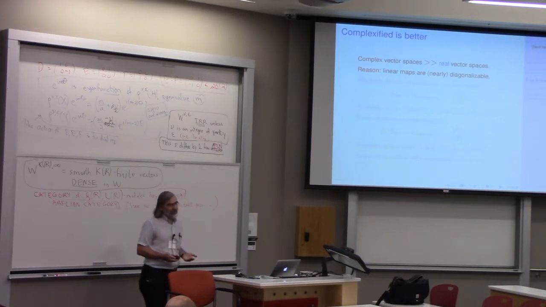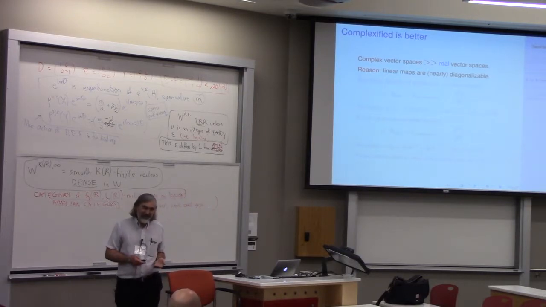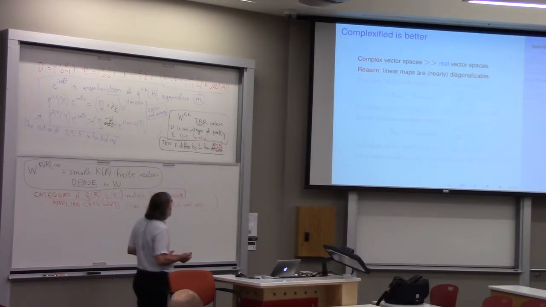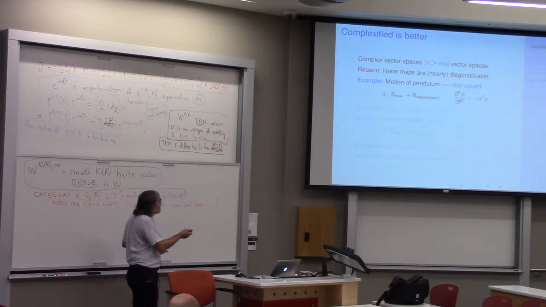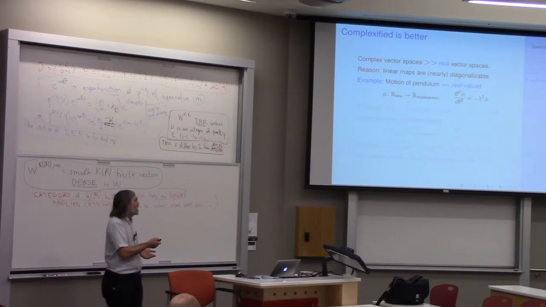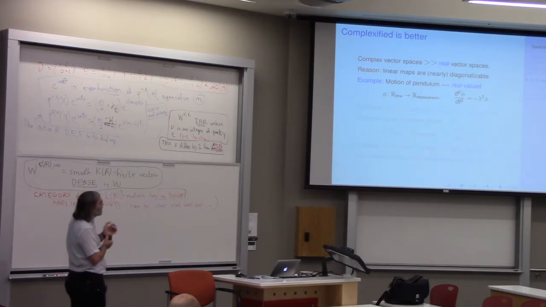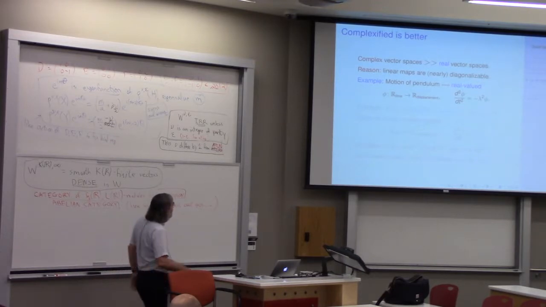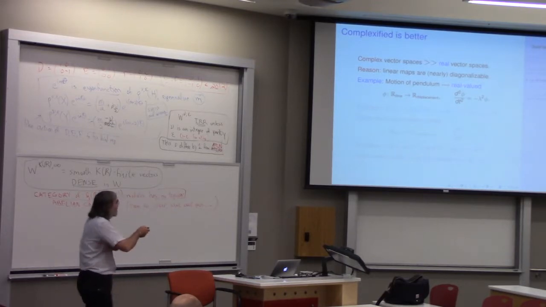But here's an example where you would think that you should use a real vector space, but you shouldn't. So if you want to study the motion of a pendulum, well, this is a very primitive pendulum. It's given by a real valued function of time.